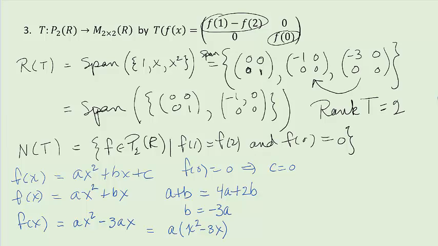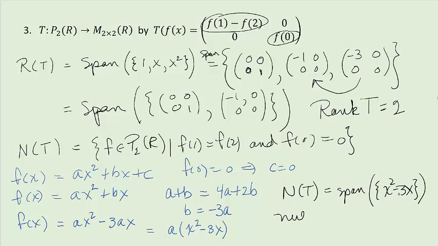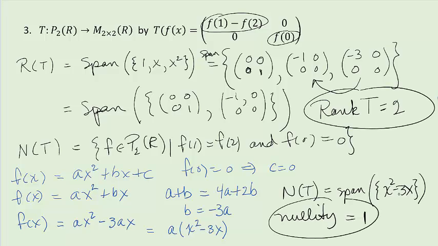So this gives us a basis for the null space. N of T is the span of this vector in P2, just the polynomial x squared minus 3x. So we see then that the nullity, the dimension of the null space, is 1. The rank was 2, the nullity 1.